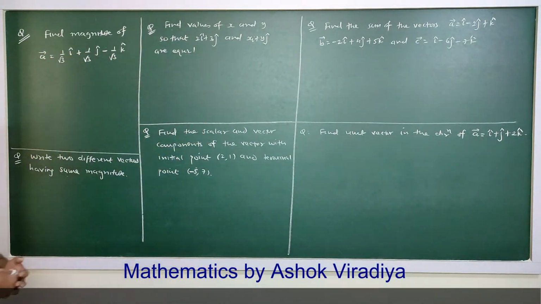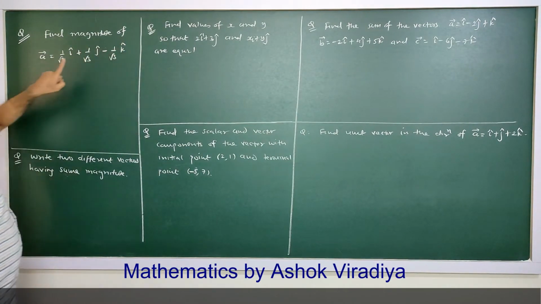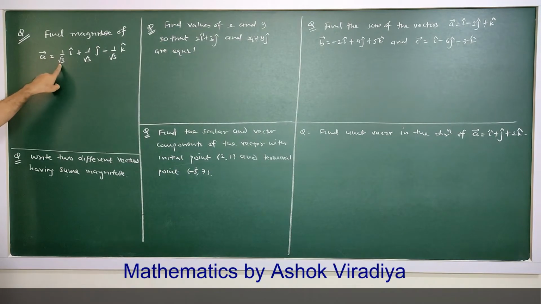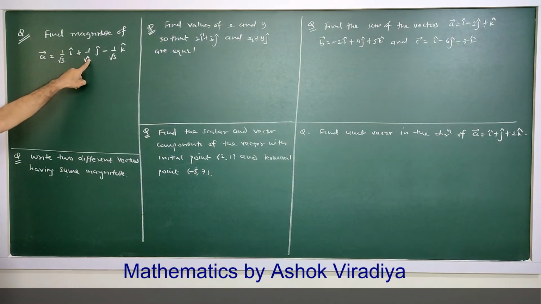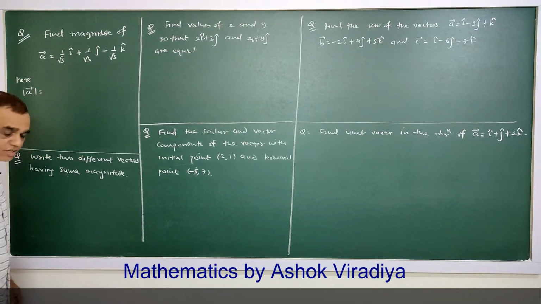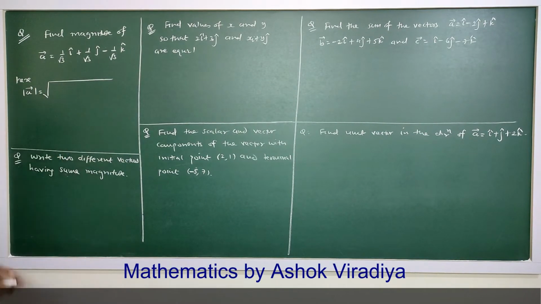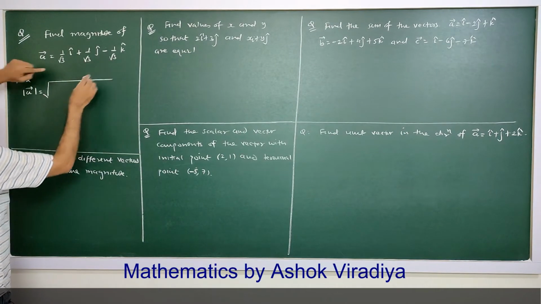The first question is, find the magnitude of the vector A = 1 by root 3 times i cap plus 1 by root 3 times j cap minus 1 by root 3 times k cap. Here the magnitude of vector A, by definition, we take the square root of the sum of squares of scalar components.